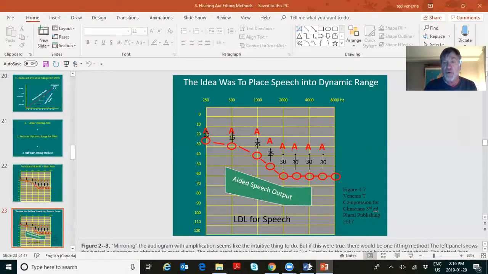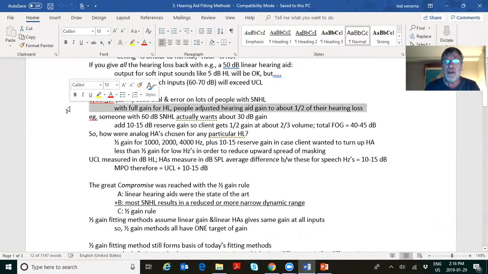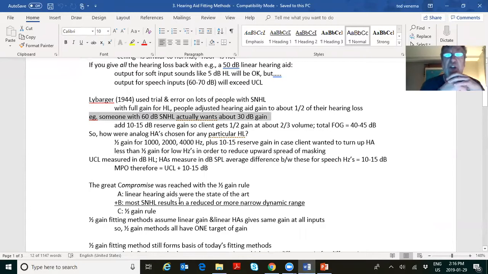Let's look at our notes here and see what they say. Libby Harger, 1944, used trial and error. Lots of people with sensorineural loss, with full-on gain, usually adjusted the hearing aid to about half of their hearing loss. For example, someone with a 60 dB sensorineural loss actually wants 30 dB of gain for average inputs.